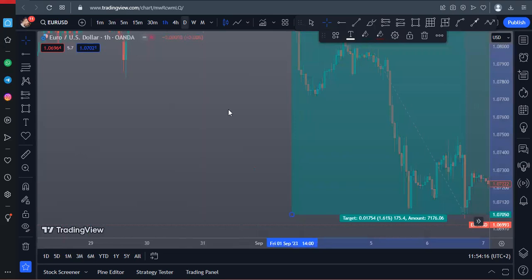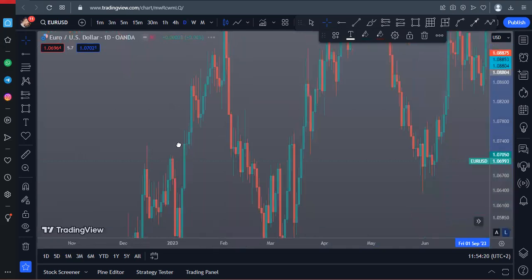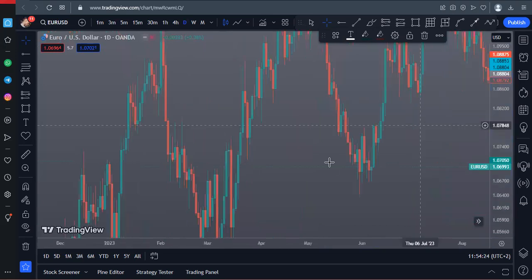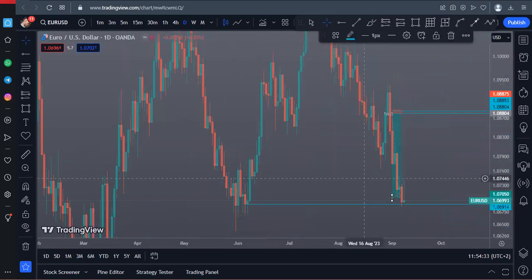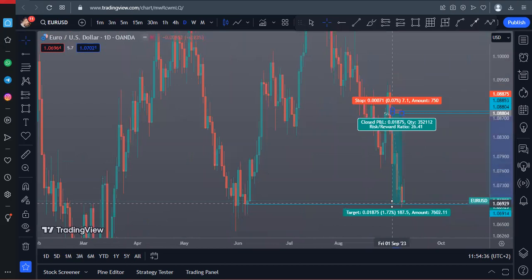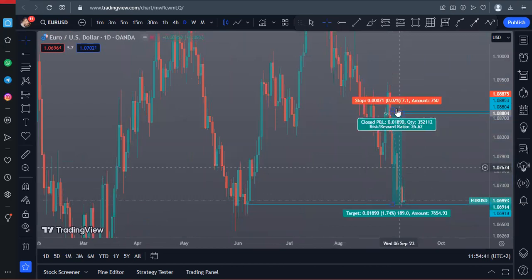Okay, you can do the same thing whereby you go to your daily time frame, and then start loading. And for TP you can easily put it right here. That's your previous low. And then it went all the way to 189 pips.